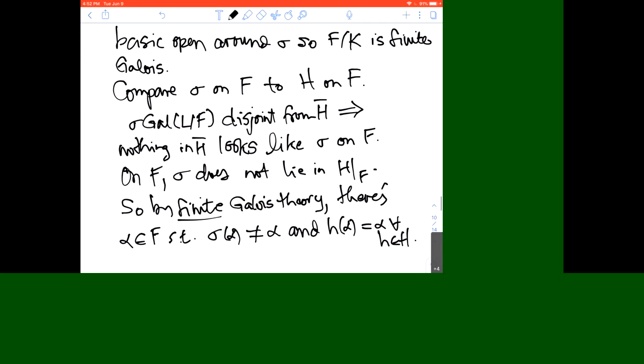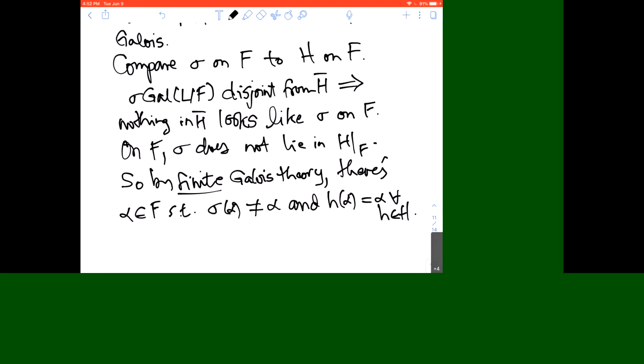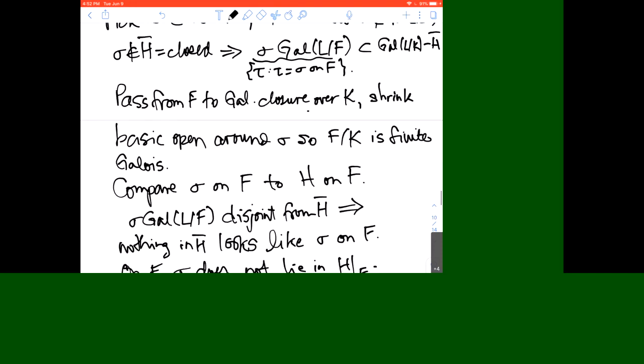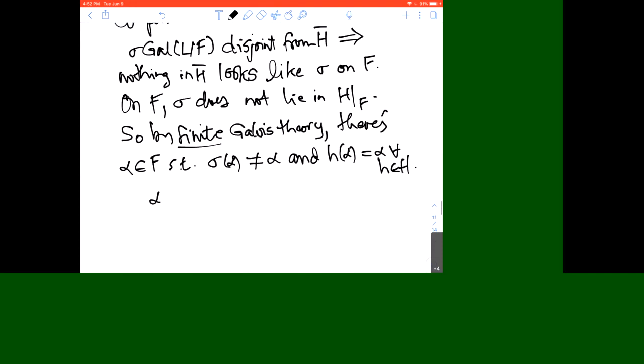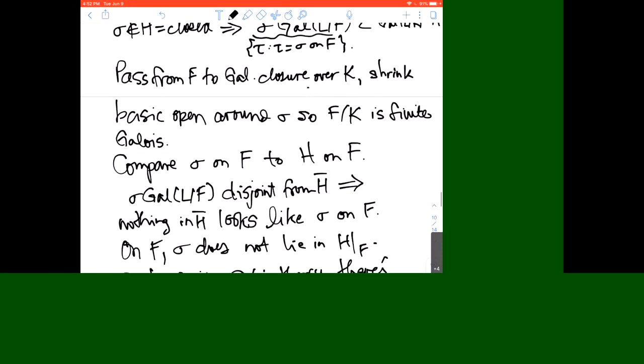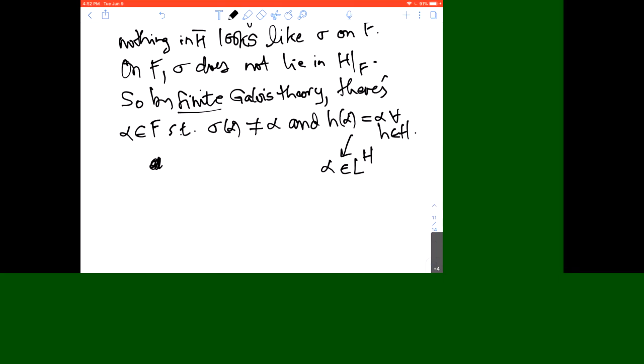And so what that tells us then is, since alpha was in F, alpha is in L^H. And so therefore sigma's not in the Galois group, L over L^H.